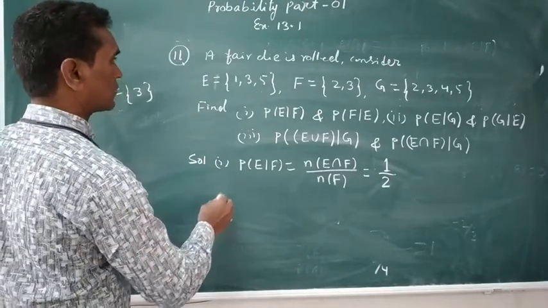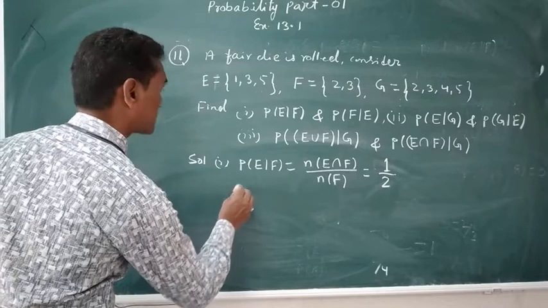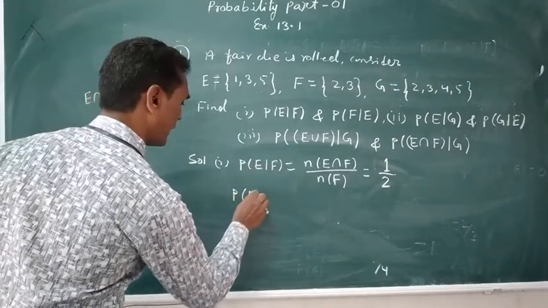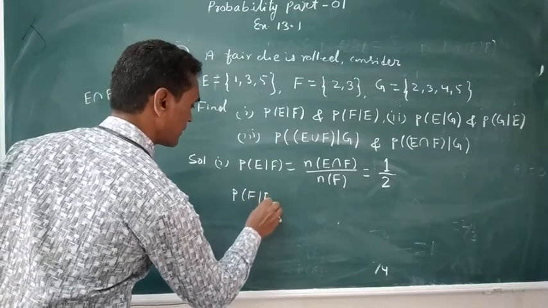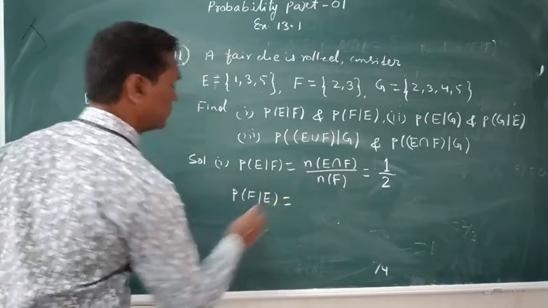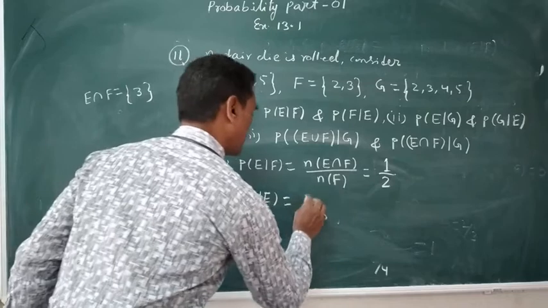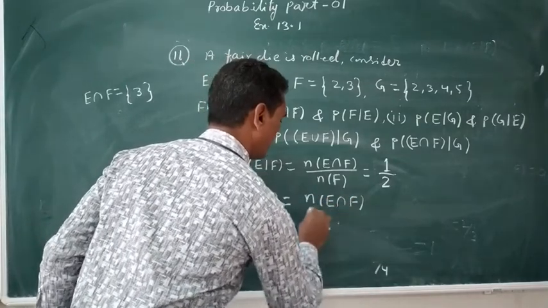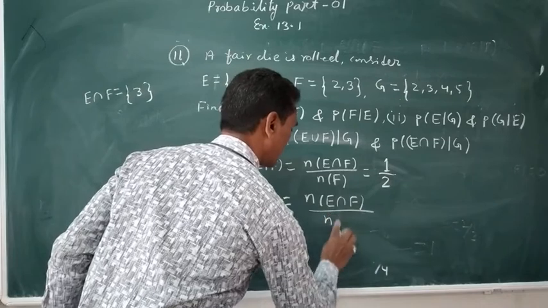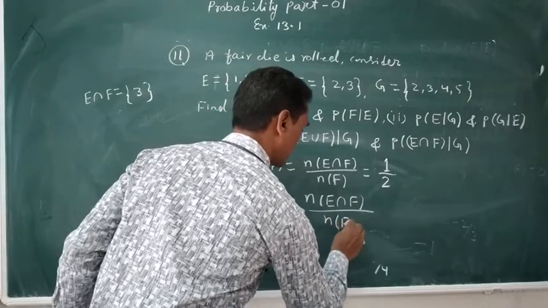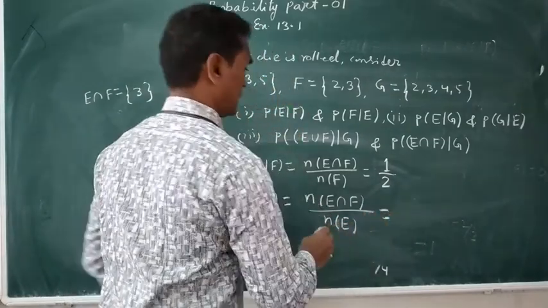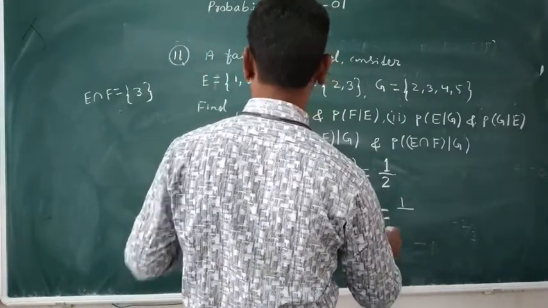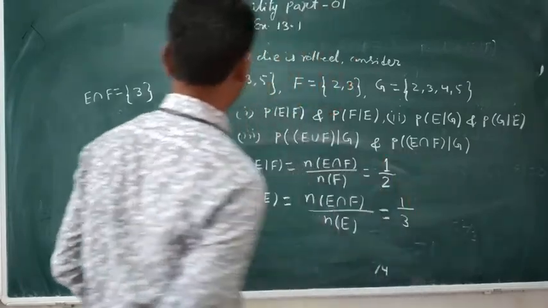So this is the second part of the first question, probability of F given E is equal to number of elements in E intersection F divided by number of elements in E. Then number of common elements is 1 and number of elements in E is 3. So 1 by 3.